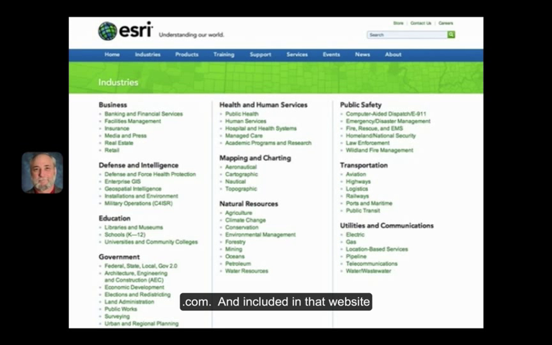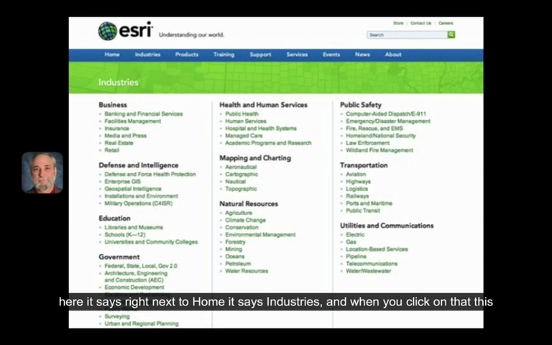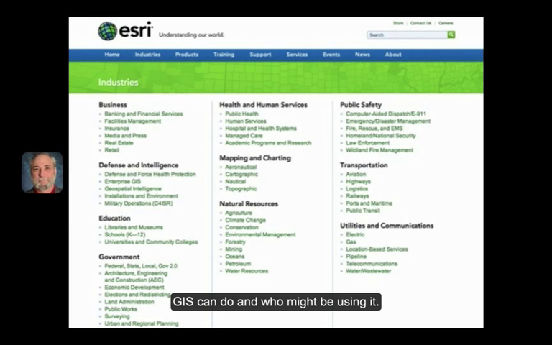Included in that website, at the very top, is a category that says industries, right next to home. When you click on that, this screen comes up and it shows you all the various industries that are out there. I would advise you to take some time to go to this site, wander around, click on these links, and get a handle on what GIS can do and who might be using it.